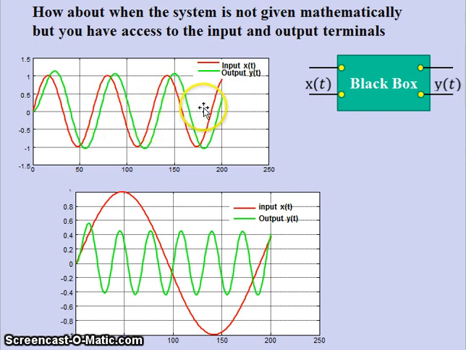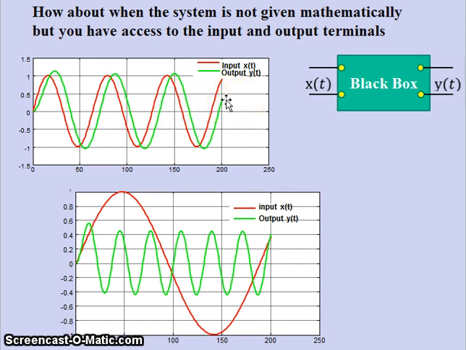Now the output is y of t. If we notice that the output is given at the same exact frequency, you could see there is a shift in here, but although you have a difference in the amplitudes between the red and the green, you could see that the period for the red signal and the period for the green is the same. So we say that the input frequency is the same as the output frequency.